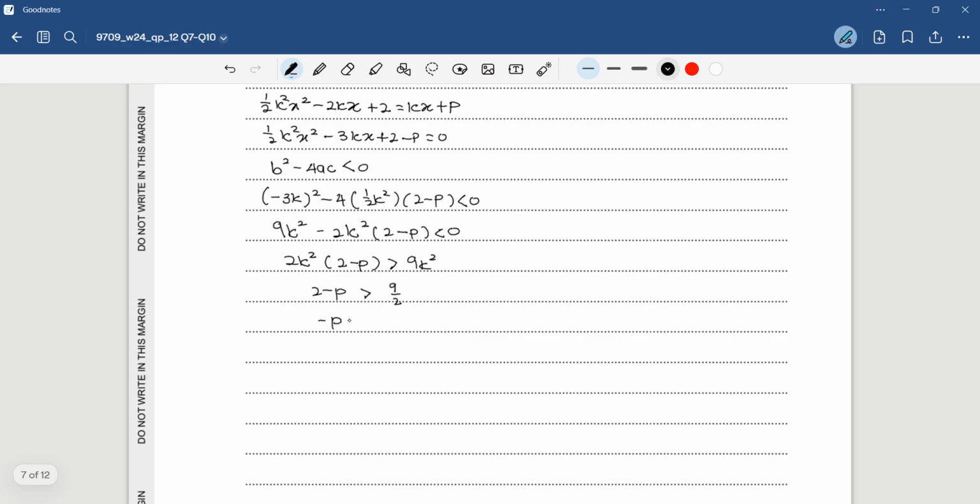So negative p will be more than 5 over 2. So p is less than negative 5 over 2.